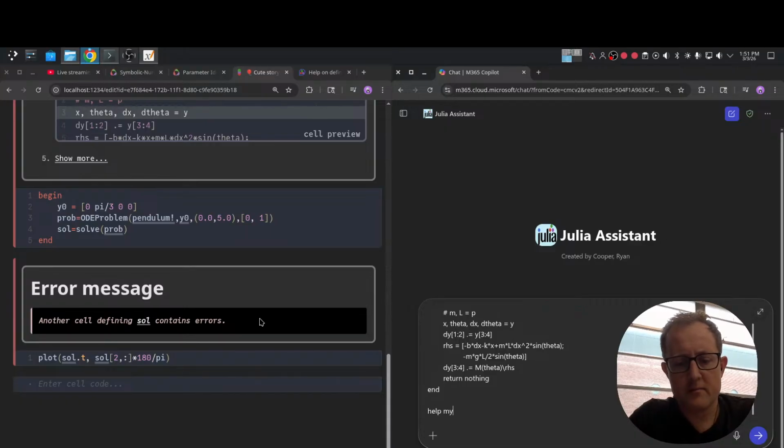Help me set up the inputs for t equals 0 to 10 and y0 equals 0, pi over 3, 0, 0.